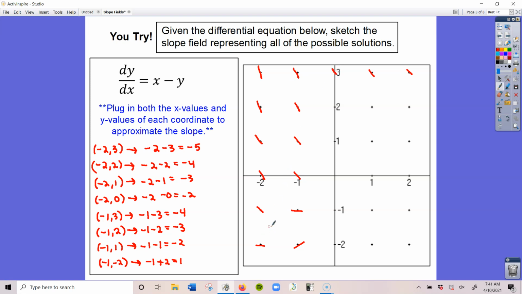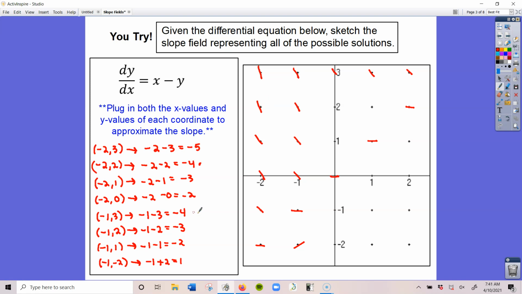Now, if you notice, you can establish all the patterns you'd like. Look here how we have this 0, and then this 0, and it's going diagonally. So that means this will have a slope of 0, this will have a slope of 0, and this will have a slope of 0. And that's kind of the pattern here as well. You can see that this slope here was -4, that's this point here.